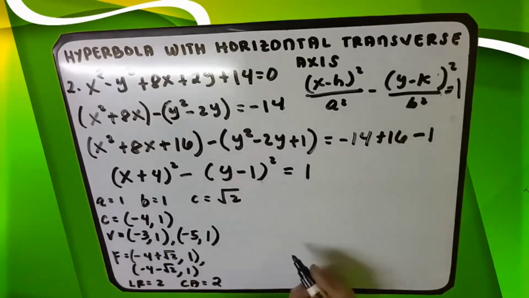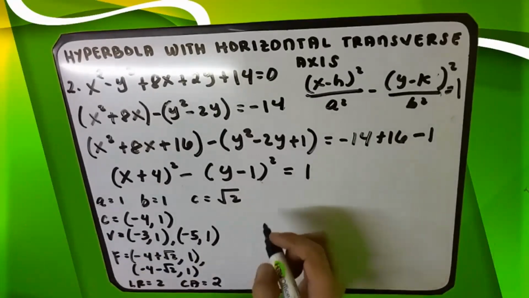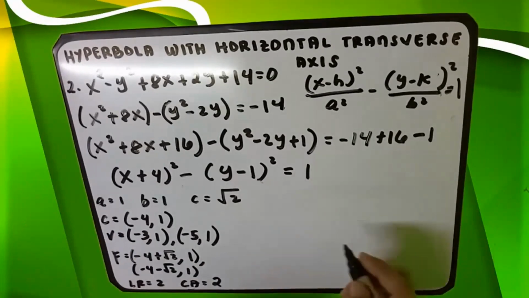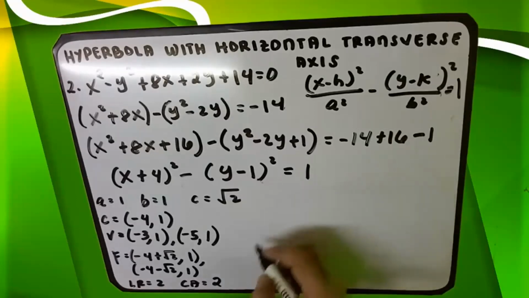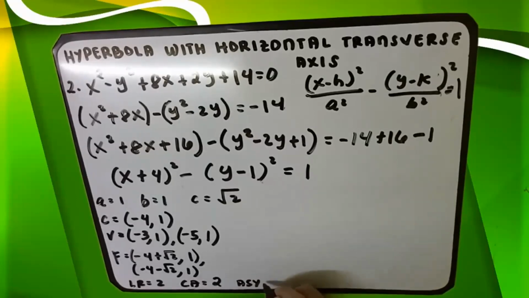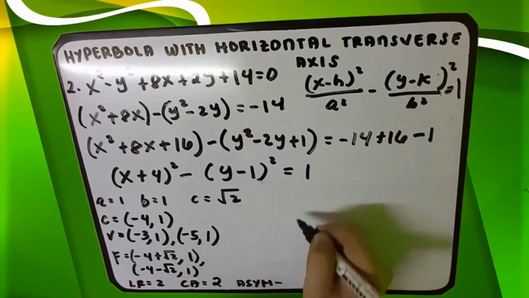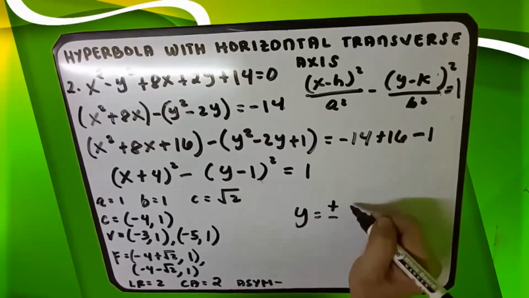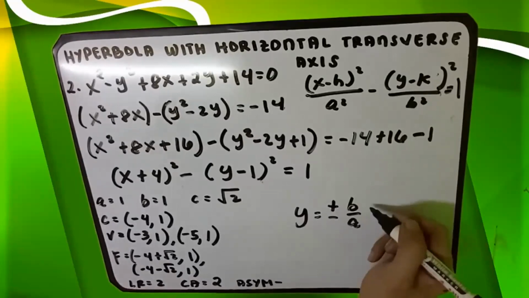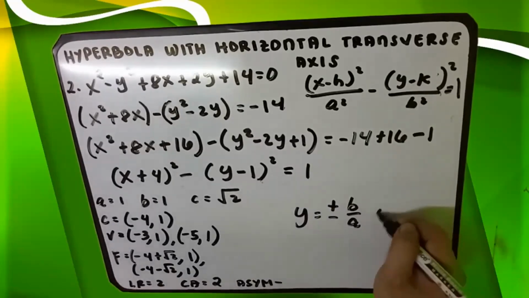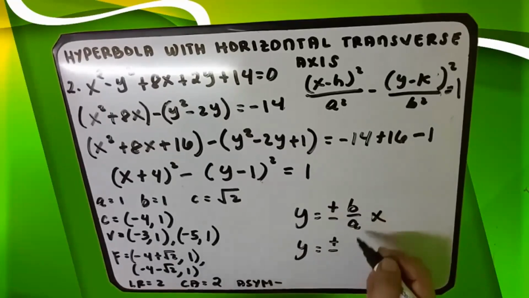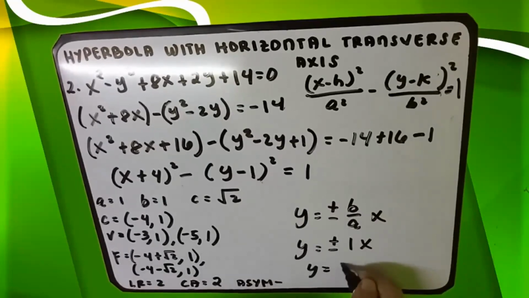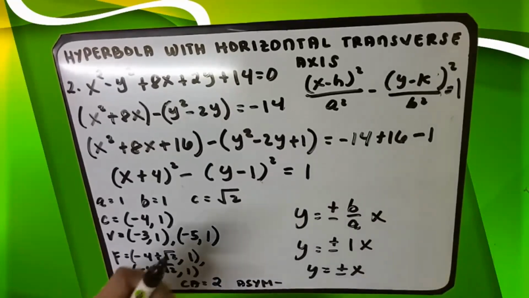And then asymptotes. Equation of the asymptotes. So that is y equals positive negative b over a x. So 1x, or y equals positive, negative, x.